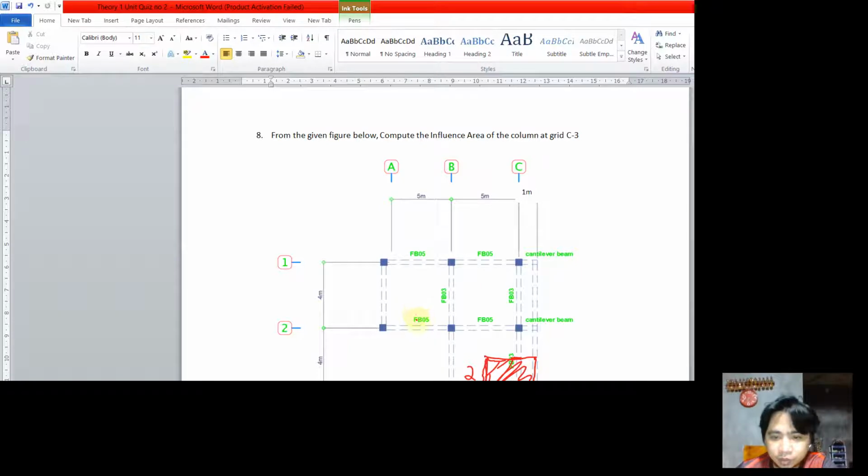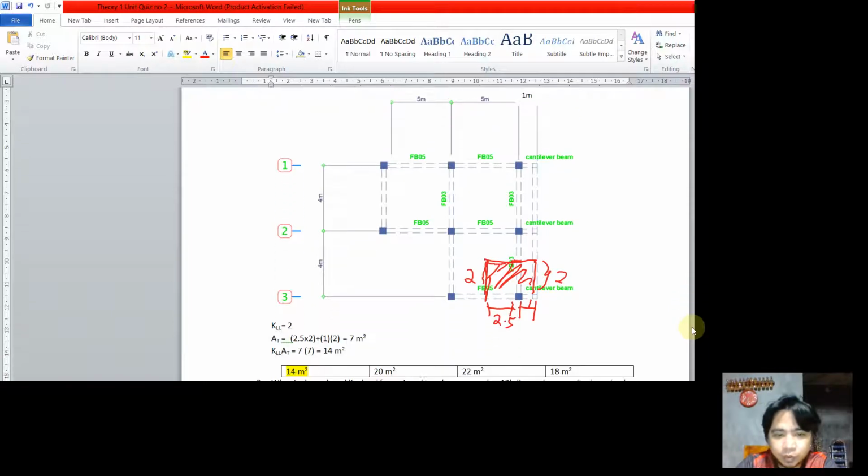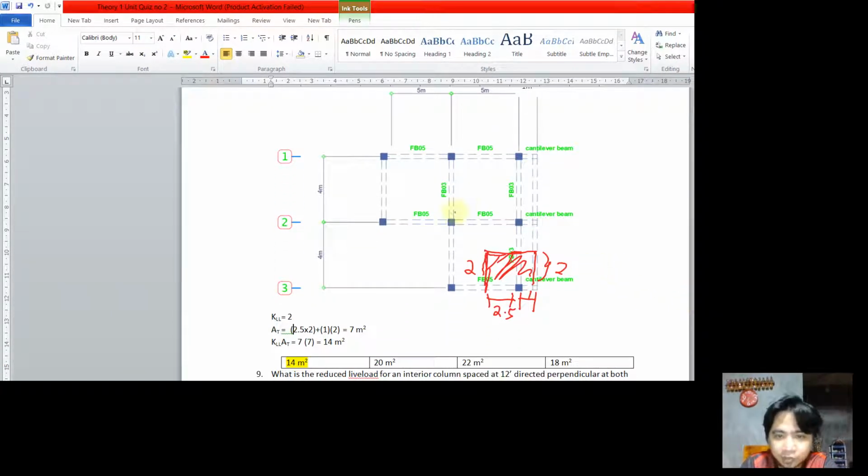What remains here is 1 meter, and this is also 2. That is why if we're going to have the tributary area, we have 2.5 by 2 for this one and 1 by 2 for this one. That will yield to 7 square meter. Okay, and then multiplying 7 by 2 meters, or sorry, live load element factor of 2, this should be 2. So 7 by 2 is 14 square meter.